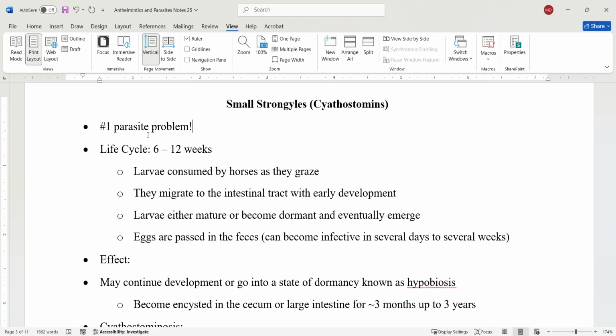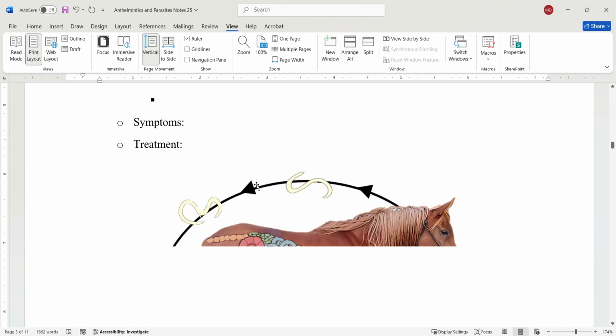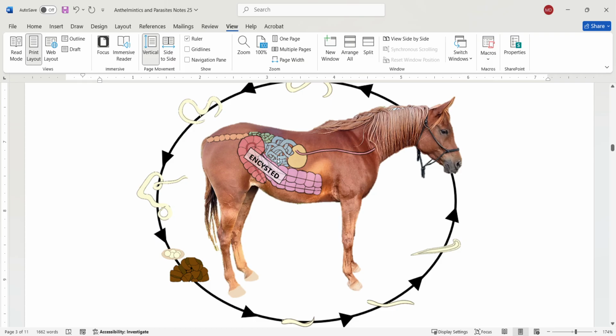They consume this parasite, the larva, as they're grazing. It migrates to the GI tract, the intestinal tract, for early development. And then as they mature, they can either carry on to be reproductive or become dormant. When they go into this dormant phase, we call them encysted small strongyles.